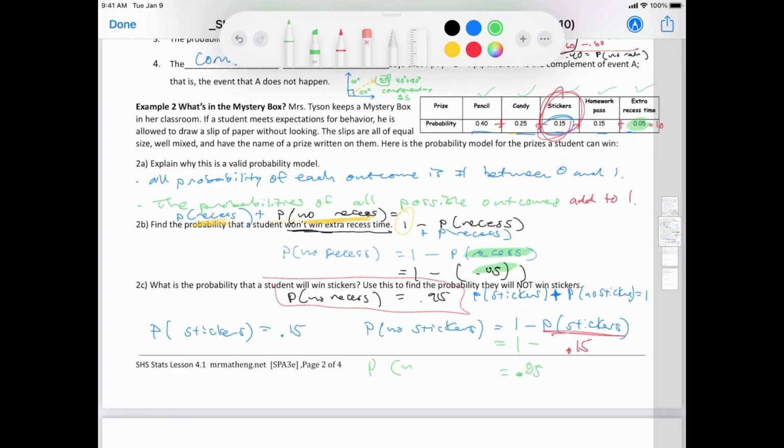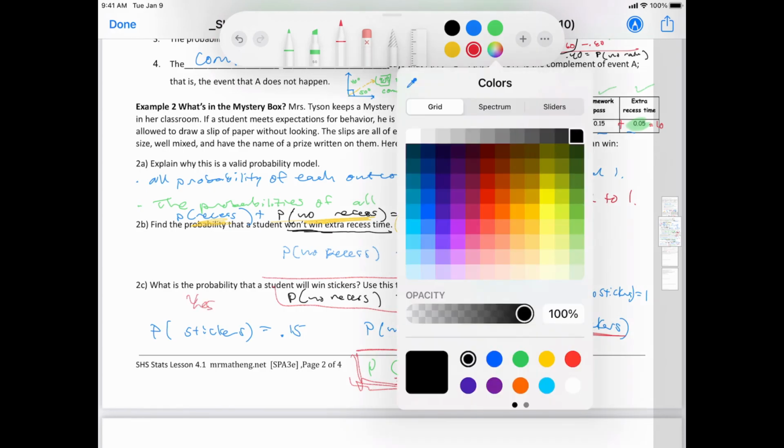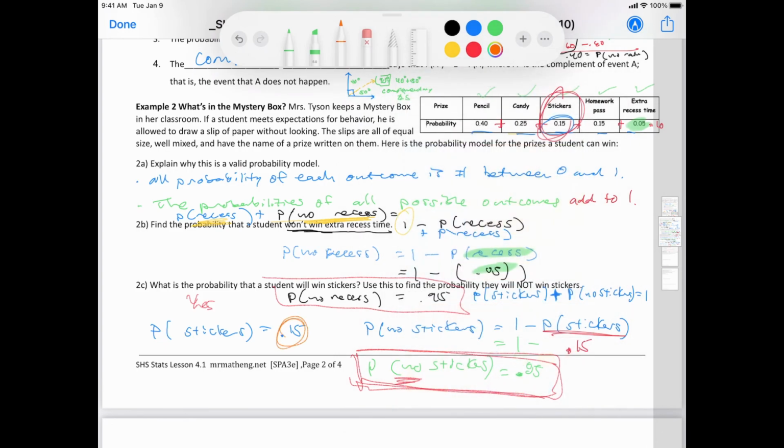The probability of no stickers is 0.85. And if you guys remember, here's the way to check your answer. This is the no, and this is the yes. So in those two numbers, yes plus no is equal to what number? 1.